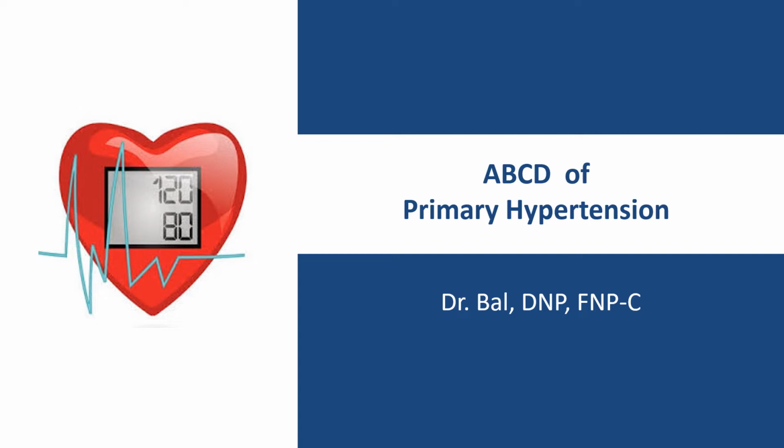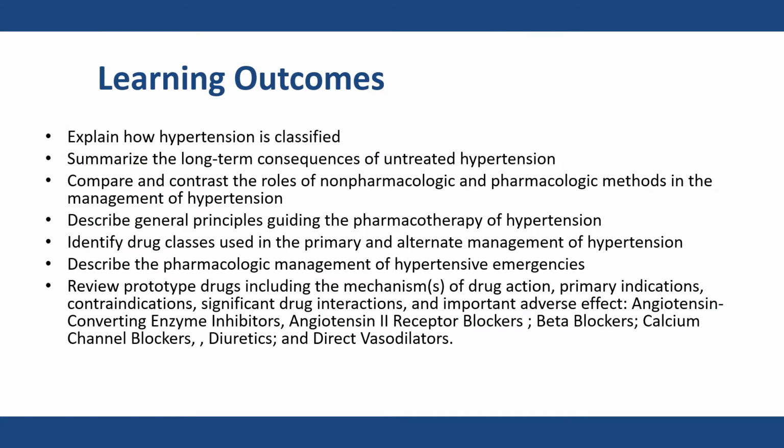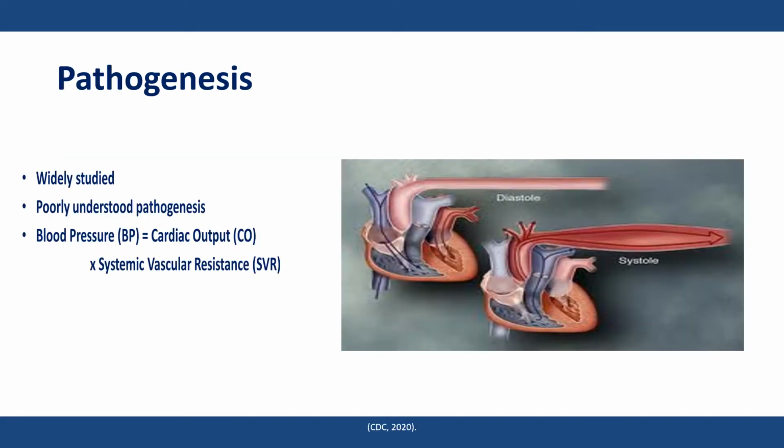So let's very briefly talk about the pathogenesis of hypertension. These are the learning outcomes. So pathogenesis of primary hypertension is very well studied but poorly understood. I believe it's multifactorial.